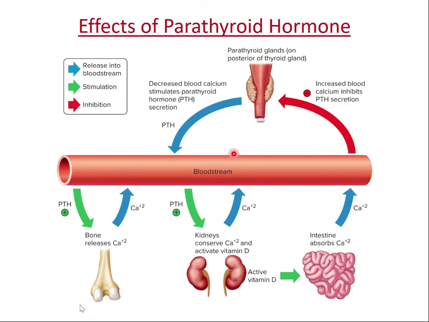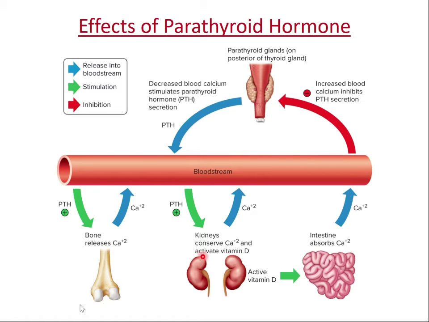So here we see the parathyroid glands located posterior to the thyroid gland. And this shows the pathway again. Think about the broad information. You don't need to know the specific details. What students will need to know is that the parathyroid glands release PTH, parathyroid hormone, and that gets into the bloodstream. And PTH acts on bones to release calcium.